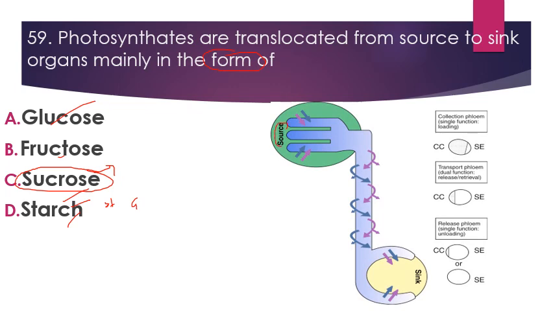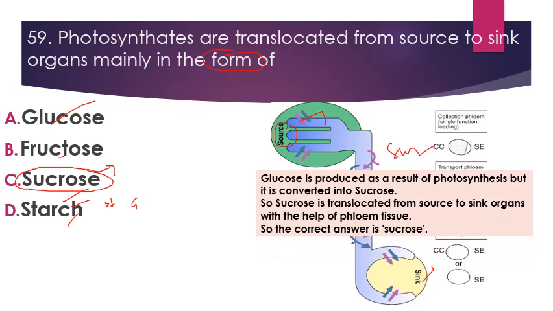Glucose is produced as a result of photosynthesis but is converted into sucrose. So sucrose is transported from source to sink organ with the help of phloem tissue, that is sieve tube elements. So the correct answer is sucrose.